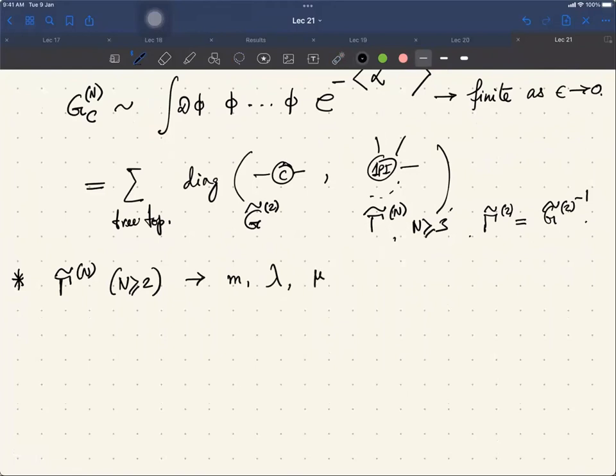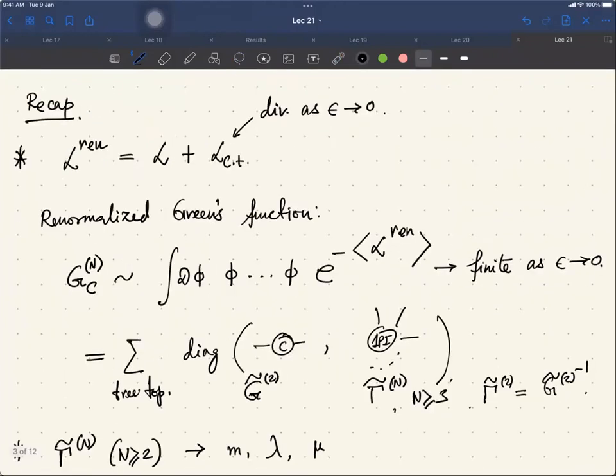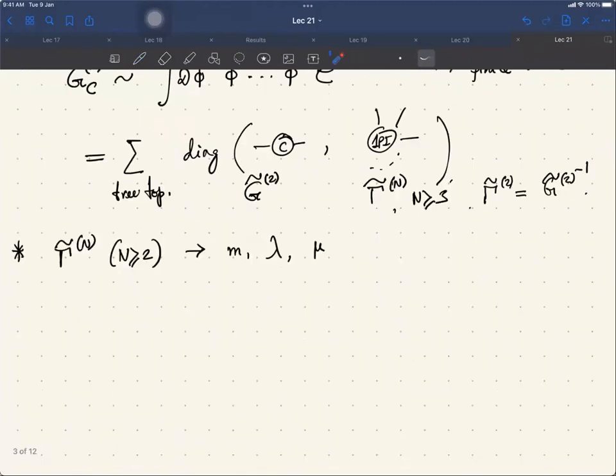Mu appears when we do dimensional regularization. This L includes mu and epsilon. And so this quantity gamma tilde n is such that it is finite when we set epsilon to 0. So that is the physical limit.